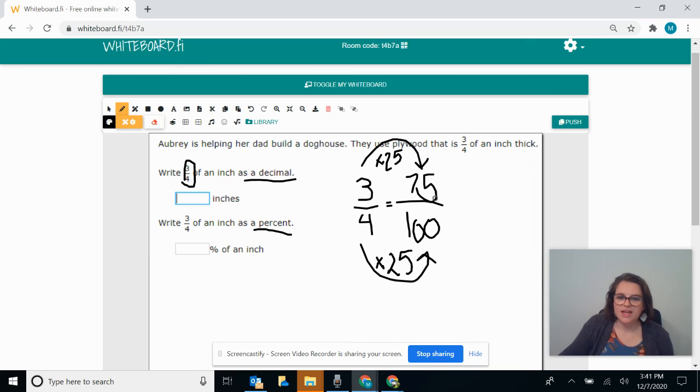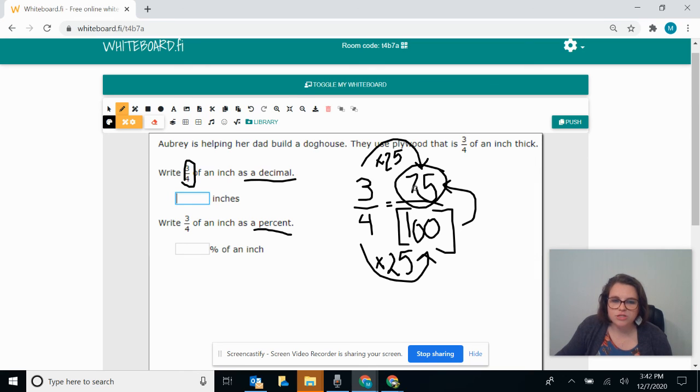So then I just have to now change it into a decimal. And if I have 100 as my denominator, y'all going to get bored of me saying this, if I have 2 digits as the numerator, I can write those 2 digits right behind a decimal point. Okay?